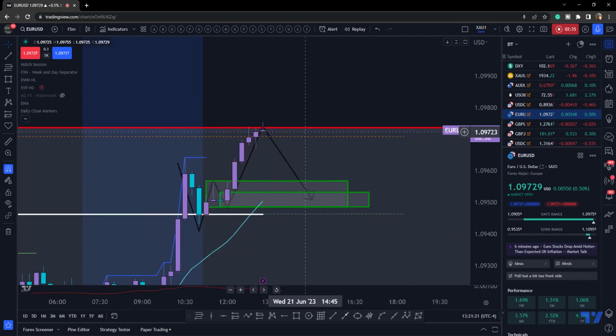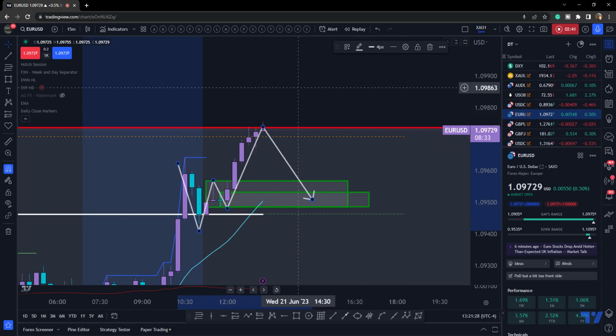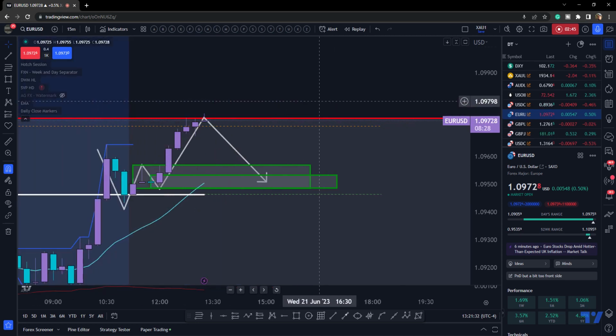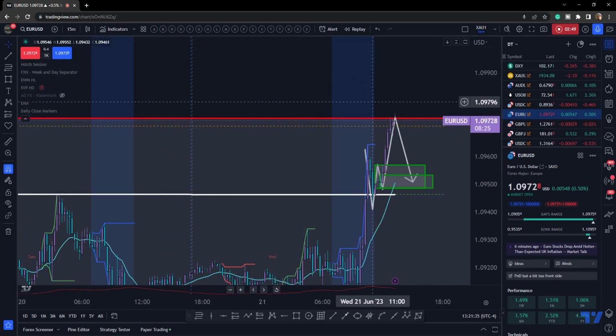So there are prospects of a move lower if the breakout fails. So we're looking for deceleration and a move lower, potentially, at this point.